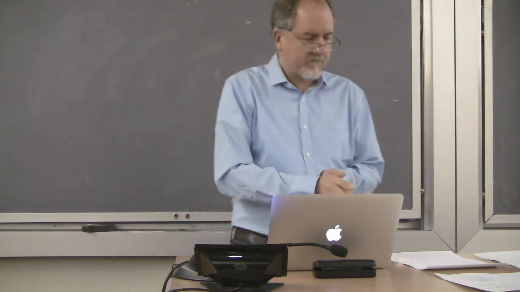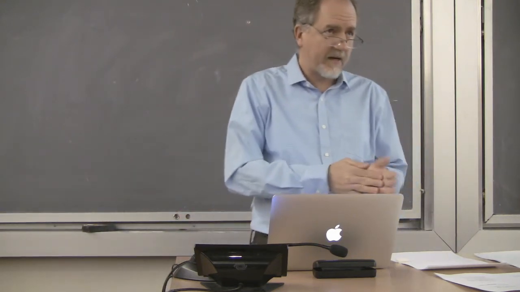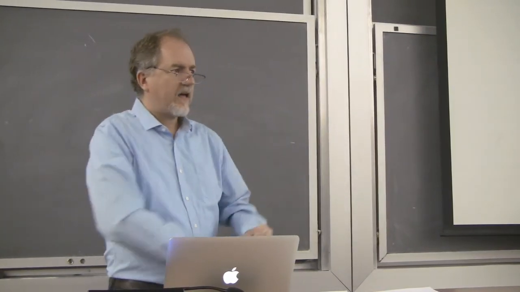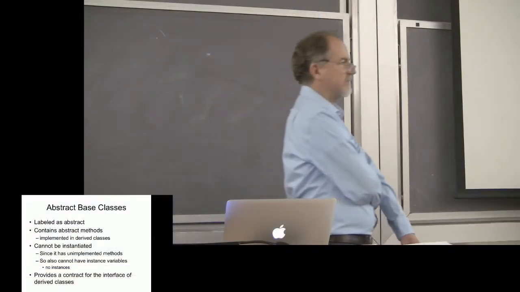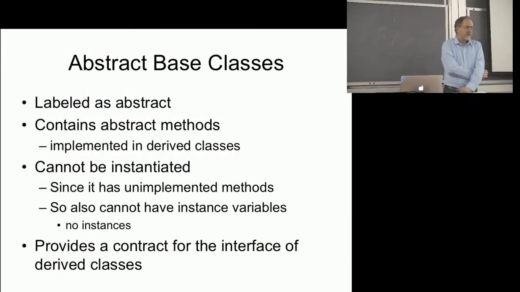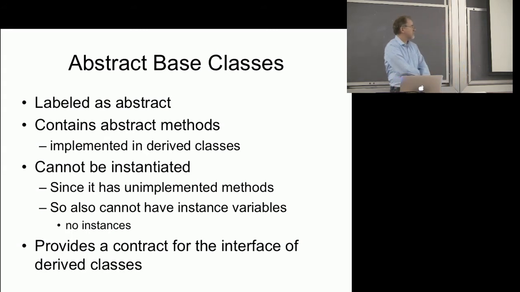So last time, we started talking about some of the nuances of inheritance, and in particular, we looked at abstract base classes, which, even though it has the word abstract in its name, I think remains a bit of an abstract concept for most of you until you see it in practice. The main thing with an abstract base class is that it's labeled as an abstract class.